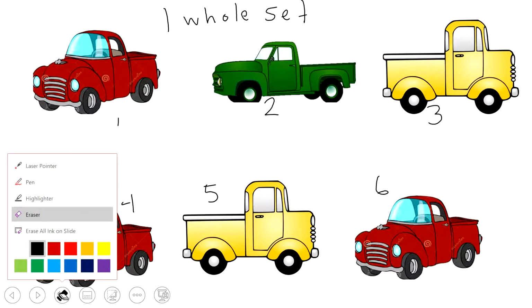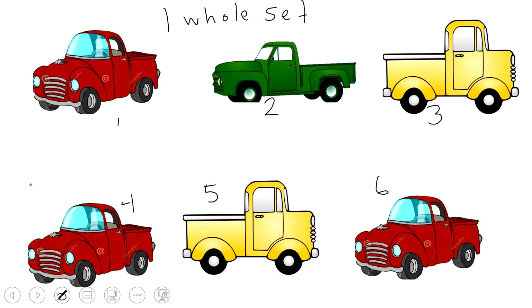I could say, all right, well, what fraction of the set are yellow? And then I'd see I've got one yellow right here and another yellow truck right here. So now I've got 2/6 of my trucks are yellow.